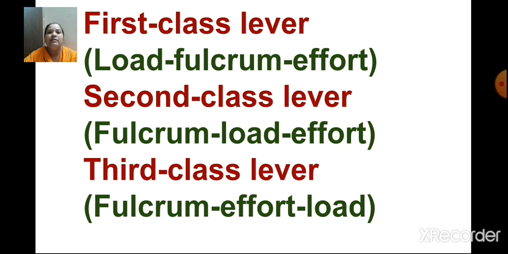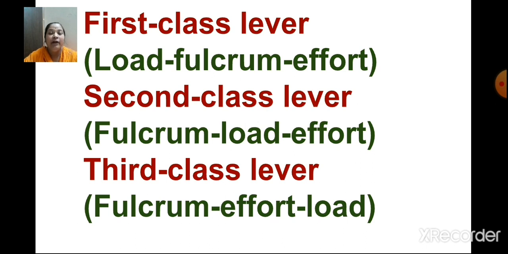In the second class lever, load is in the middle of fulcrum and effort. Repeat with me. In the second class lever, load is in between fulcrum and effort. In the third class lever, effort is between the fulcrum and the load.